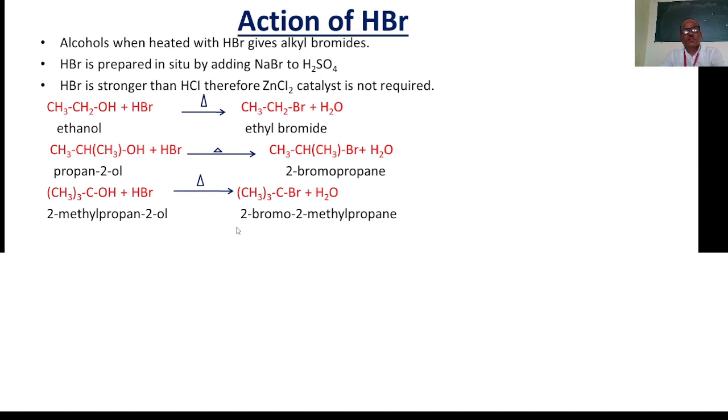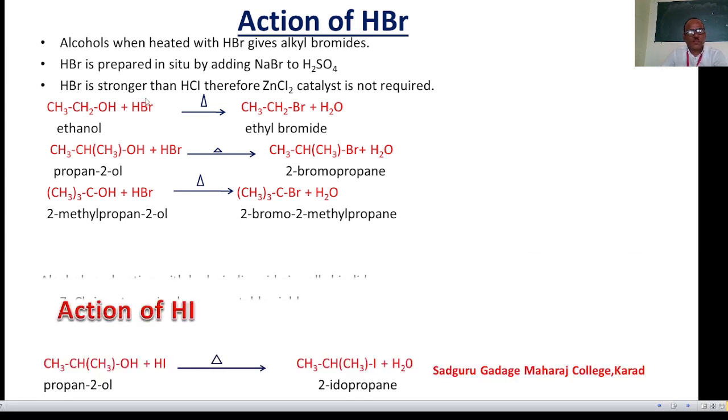So this is the reaction of HBr with primary, secondary and tertiary alcohols. Remember that in case of HBr no catalyst is required because HBr is stronger than HCl. ZnCl2 is not used in this reaction. Only heating is required.